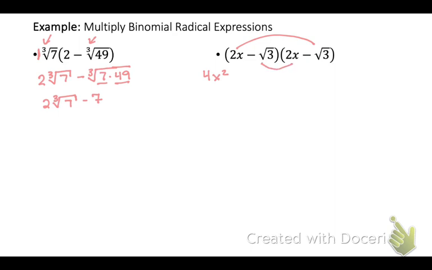So I have negative 4x square root of 3. And then a negative times a negative is a positive, and square root of 3 times the square root of 3 is just 3. If you need to show more work, show more work. Got it?